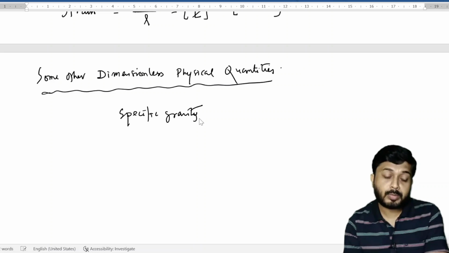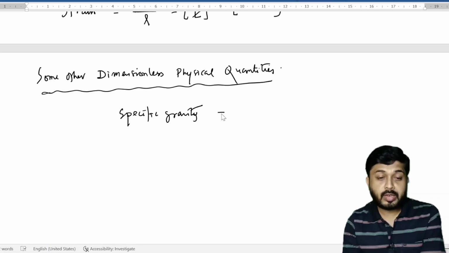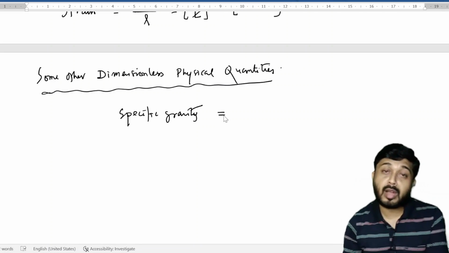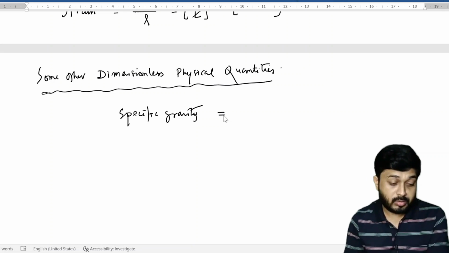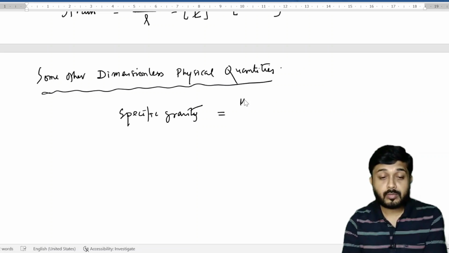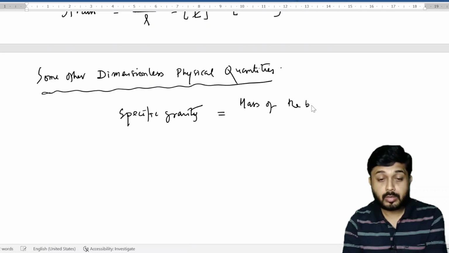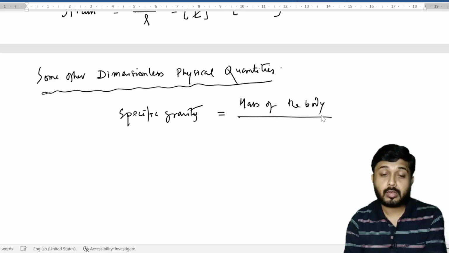What is specific gravity? Specific gravity is the ratio of the mass of the body to the mass of an equal volume of water, right? Mass of the body by the mass of an equal volume of water.